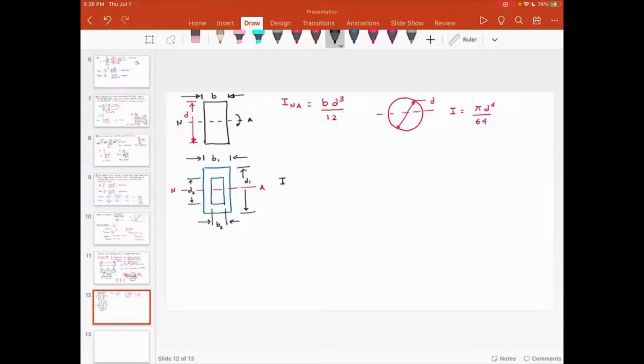The moment of inertia is the outside cross section moment of inertia minus the inside cross section moment of inertia.